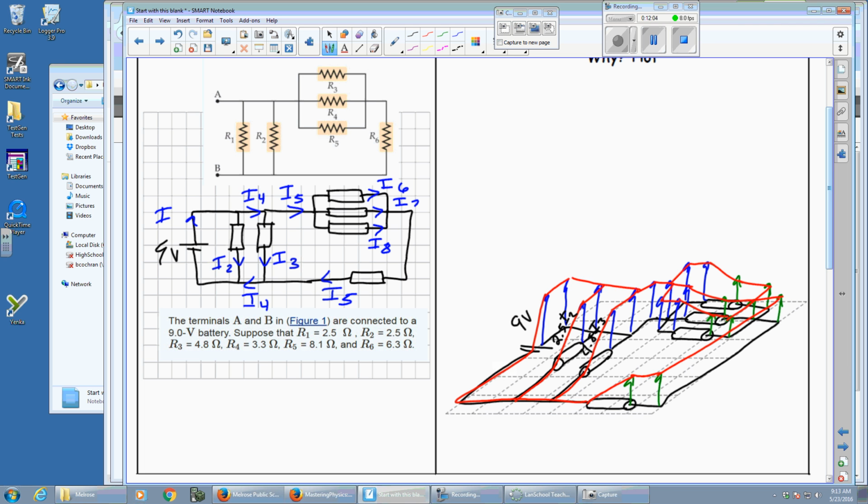Here we would have, oh, wait a minute. Sorry, this was 2.5 also. Whoops. I3. Oh, look at that right away. What do I know about I2 and I3?